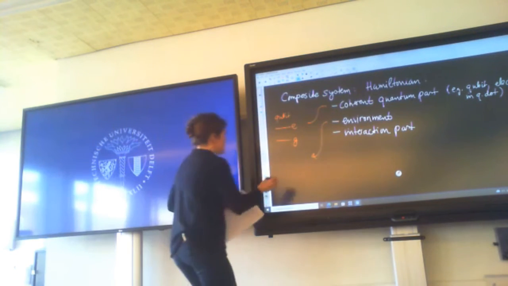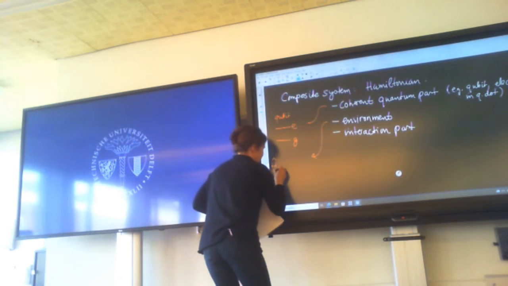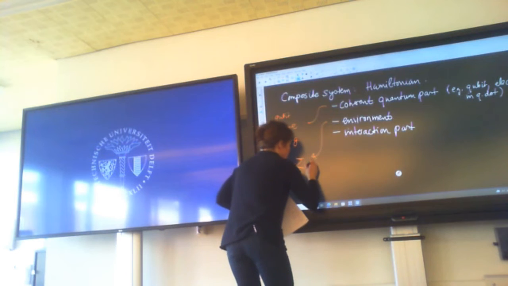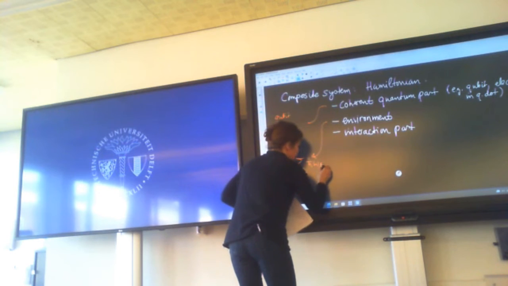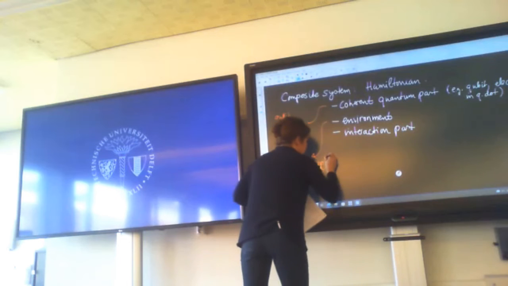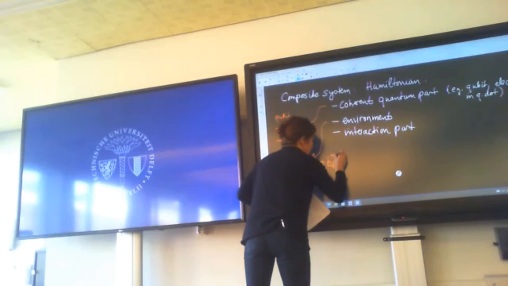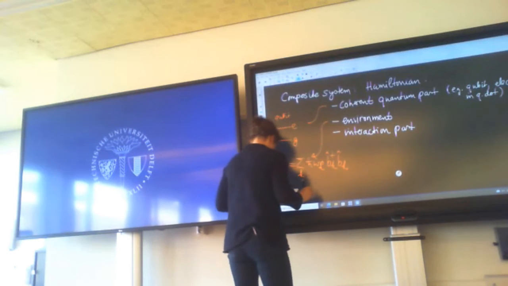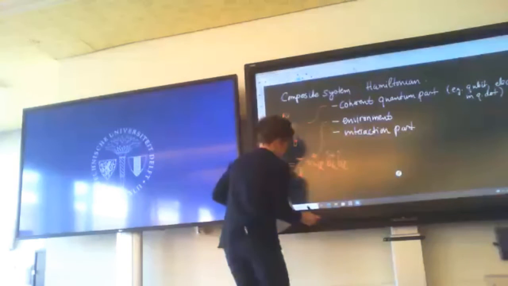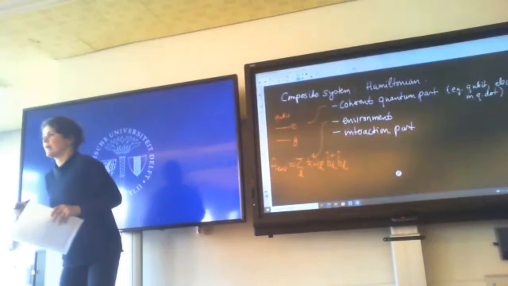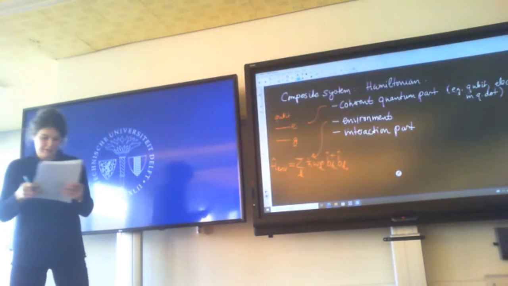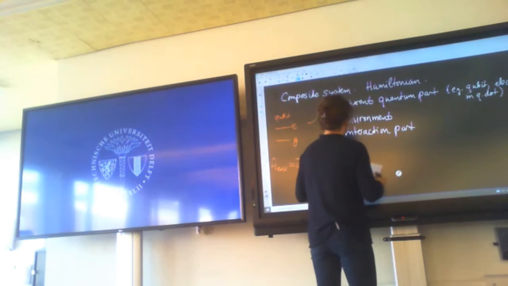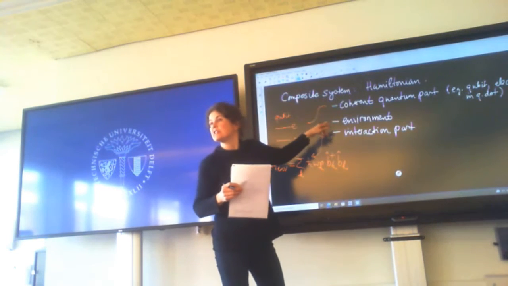Typical Hamiltonian for the environment would be something like this, a sum over modes, let's label them by K, and then there will be VK dagger, VK, and I'm summing over the Ks. Right, this is called a boson bath, essentially a bath of harmonic oscillators. And then there can be an interaction, which describes how these two systems can exchange particles or energy.